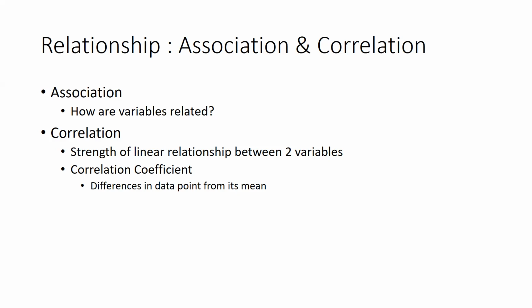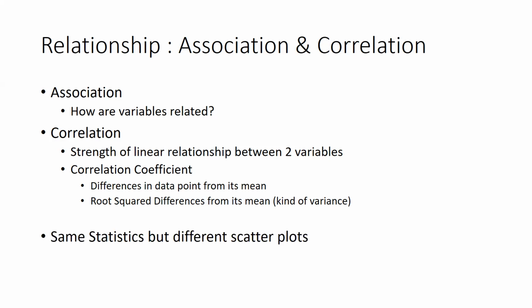The first is the difference of each data point from its mean. And the second is a kind of variance. So you can guess that if the mean and variance are similar for two different data sets, then the correlation coefficient should come out strongly positive or strongly negative. But that may not be the case. That's the main point of caution here.